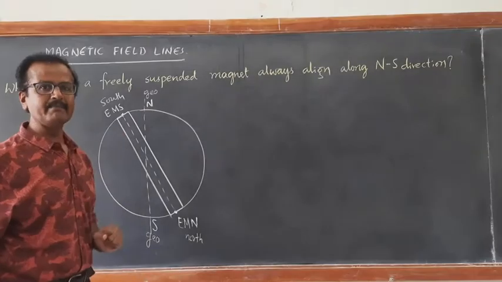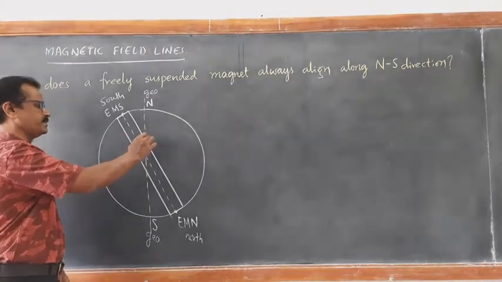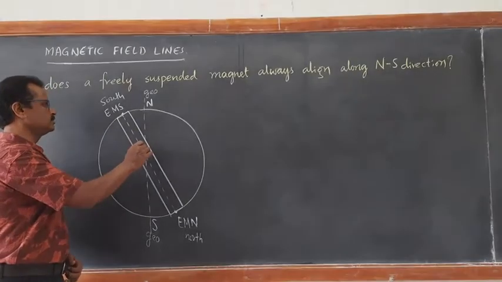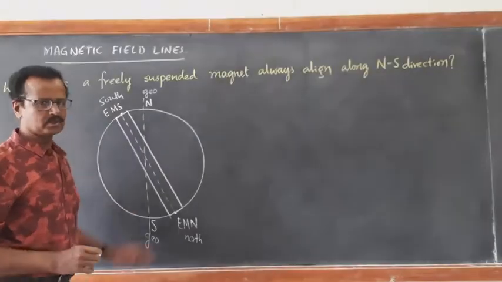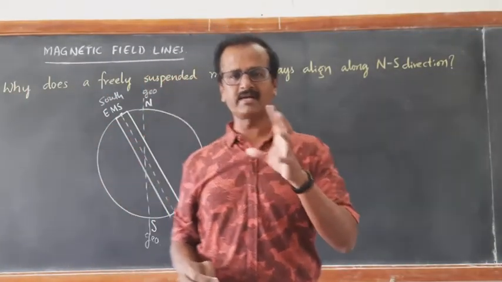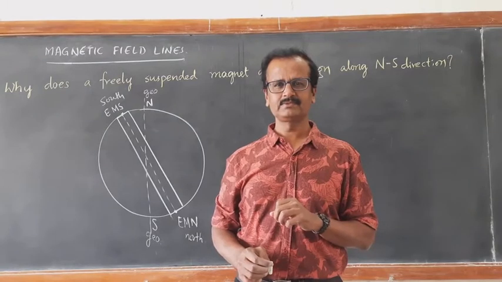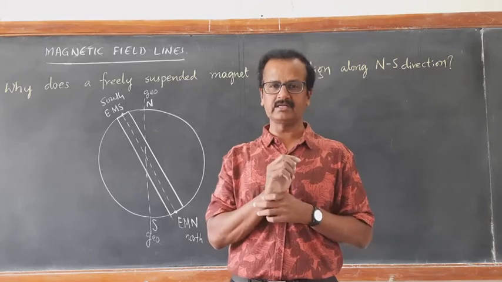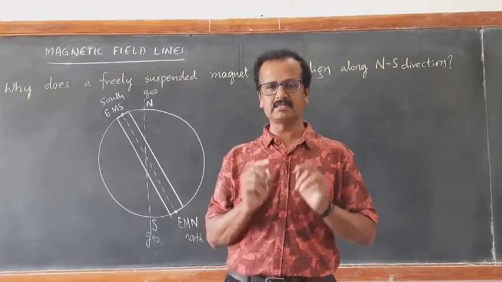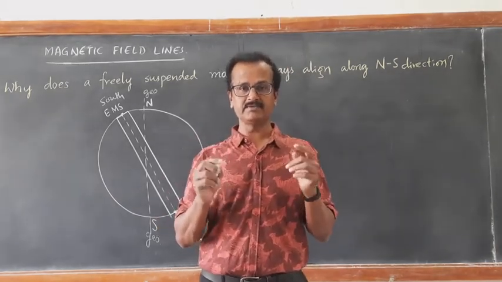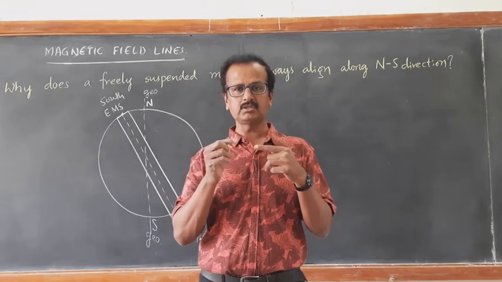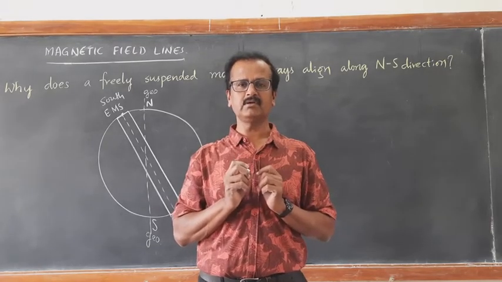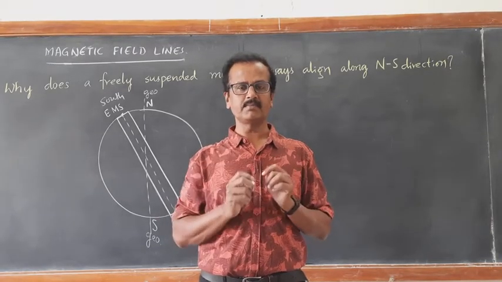So if you suspend any magnet on the surface of the Earth, then that magnet will have its north deflected towards south, because there exists a force of attraction between south and north. This is called unlike poles attract each other and like poles repel each other. This is a very important property of magnets. If you take two magnets, north-north poles repel each other, north-south poles attract each other. This is called attractive and repulsive property of a magnet.